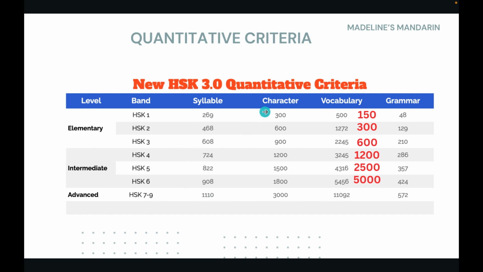The characters, you need to master all these characters. Vocabulary, each level also lists the vocabulary number. And the grammar. So you can see the red numbers here, they are the old HSK vocabulary number for each level. You can see if you want to pass the new HSK test, you need more vocabulary.